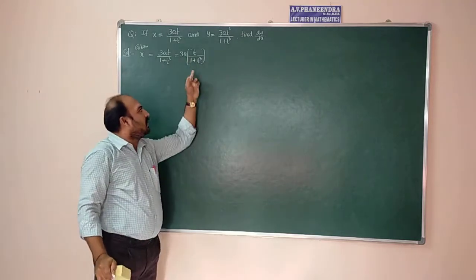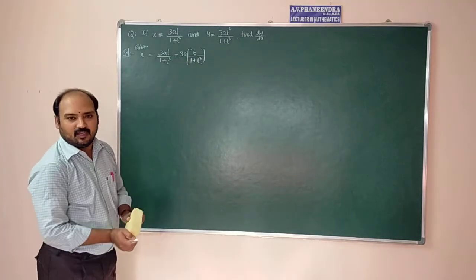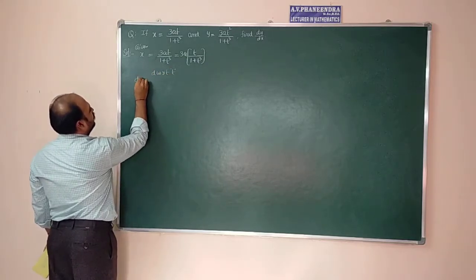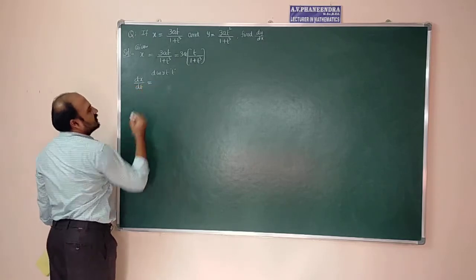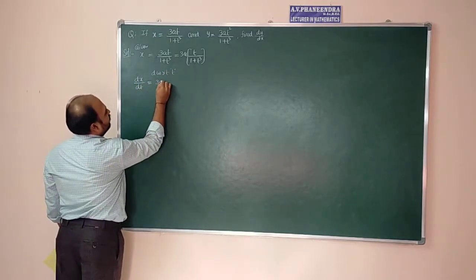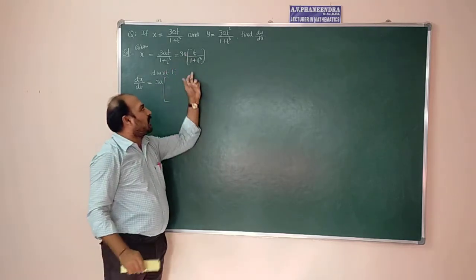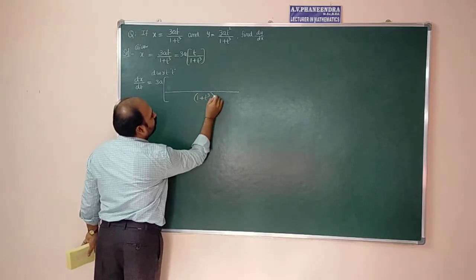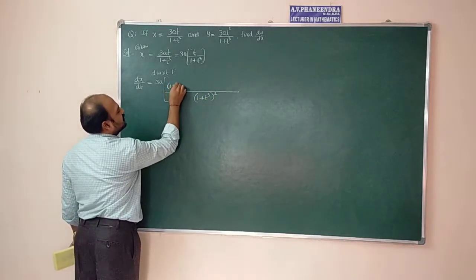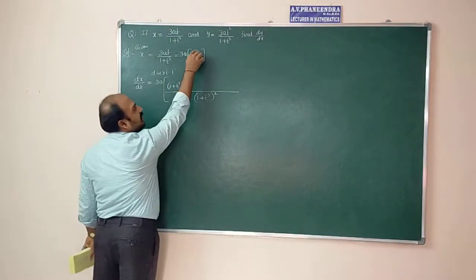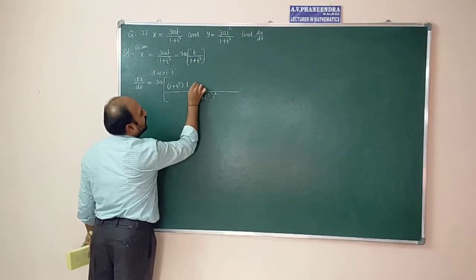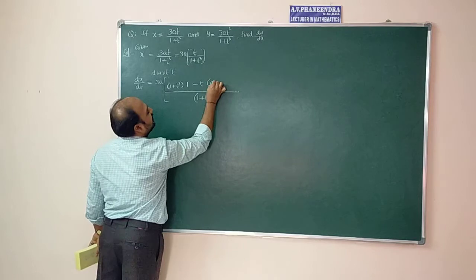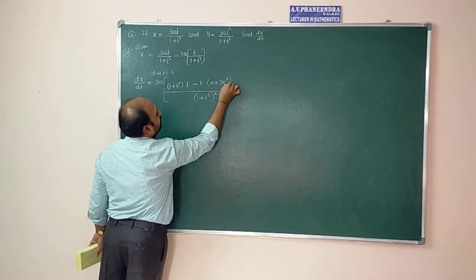So it is in the form of u by v formula. Now differentiate with respect to t. dx by dt is equal to 3a constant, keep bracket, applying the u by v formula: v square in the denominator, that means 1 plus t cube whole square, v into d by dt of t, 1, minus t into d by dt of 1 plus t cube. 1 derivative is 0 plus t cube derivative is 3t square.